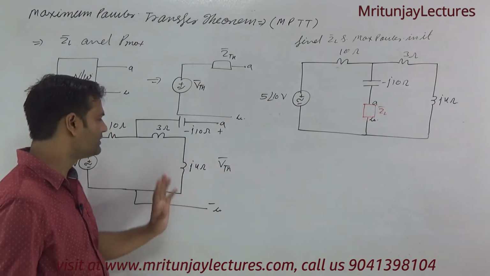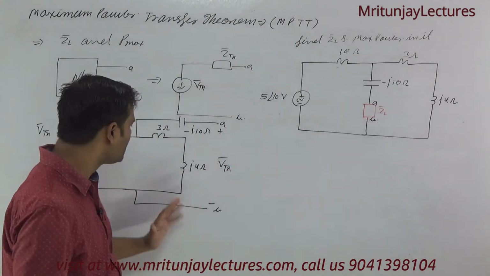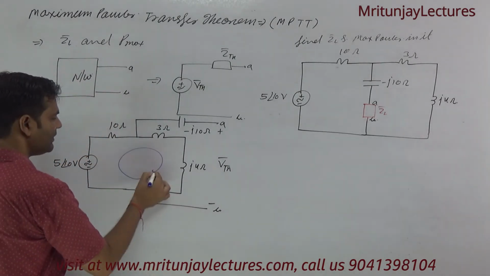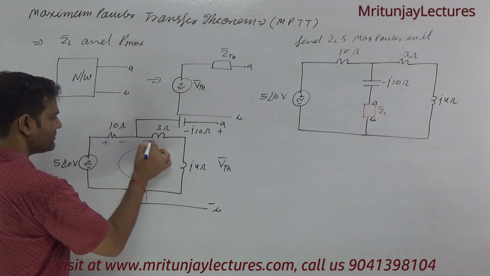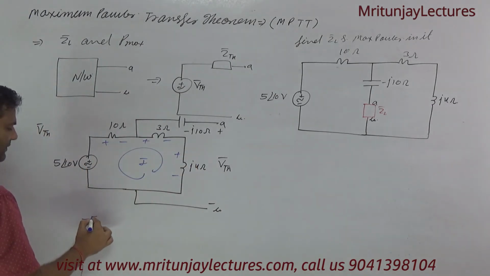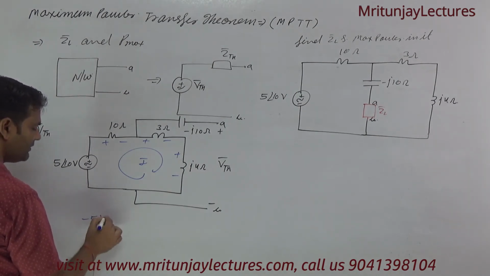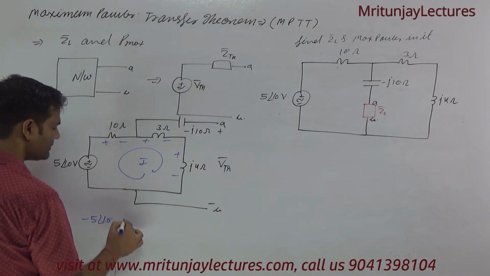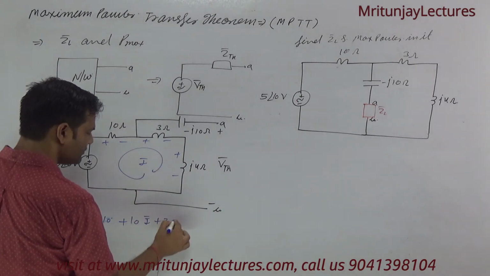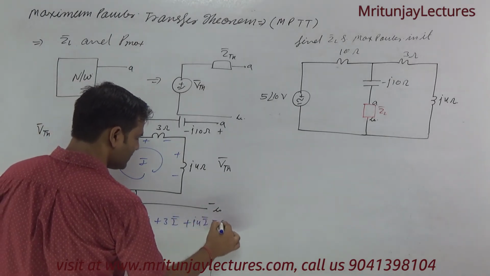V of AB, the voltage across AB, that is VTH. So how can we determine VTH? Very simple. Apply current: minus 5 at the angle 10 degree, plus 10 into I plus 3 into I plus J4 into I, this will be equal to 0.